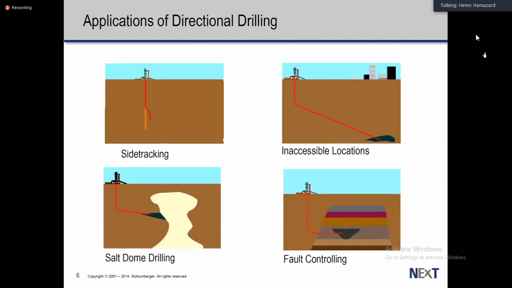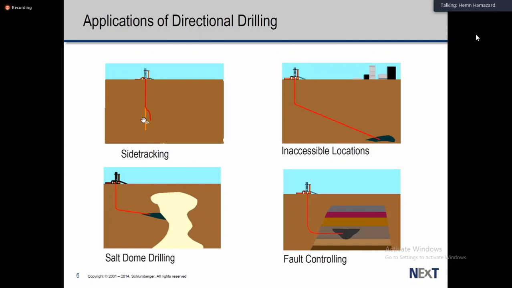Applications of directional drilling: why do we have to drill a well directionally? The main reason in most areas is to penetrate the reservoir more. If this is your reservoir from here all the way down to here, and I drill this well vertically, I can just penetrate and produce from here all the way to the bottom.